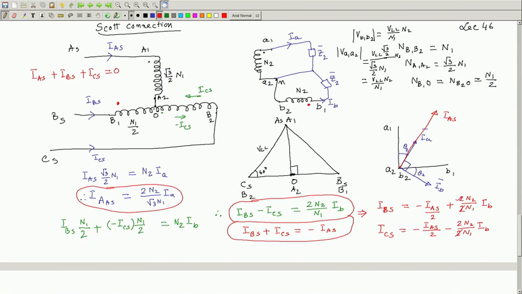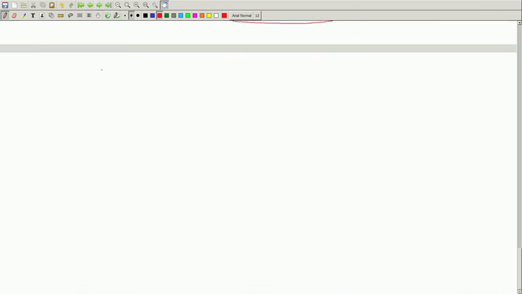So, finally, what do I get? I will repeat that, all the 3 currents. What is this color?